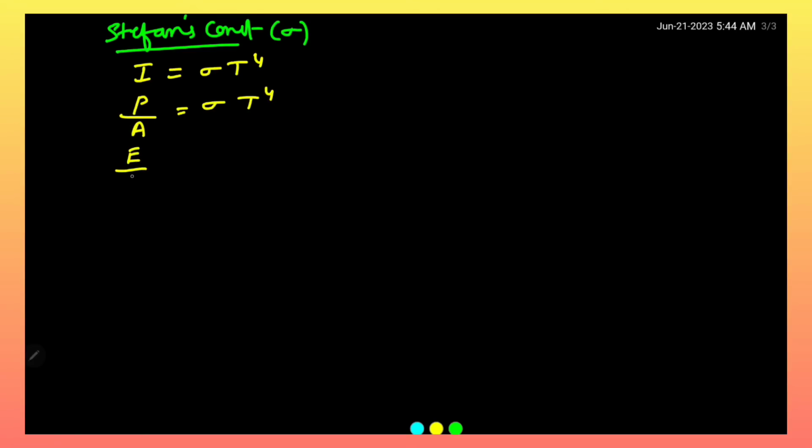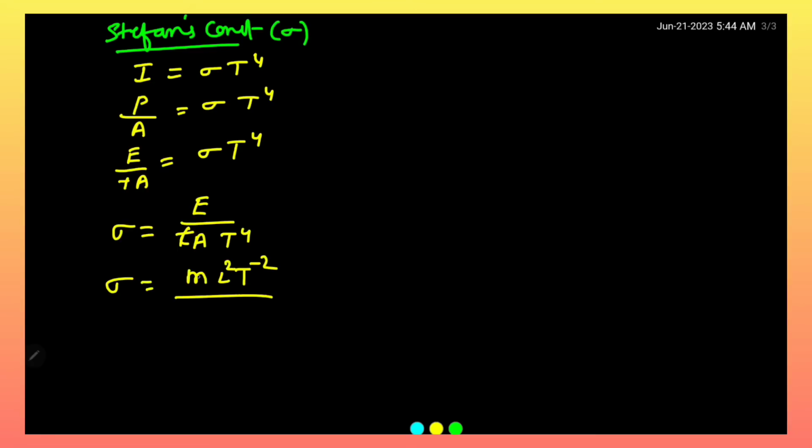Power means energy by time into area. So sigma is equal to energy by time by area into absolute temperature power of 4. Energy means M L square T power minus 2. This is time T. Area means L square, and temperature means K power of 4.